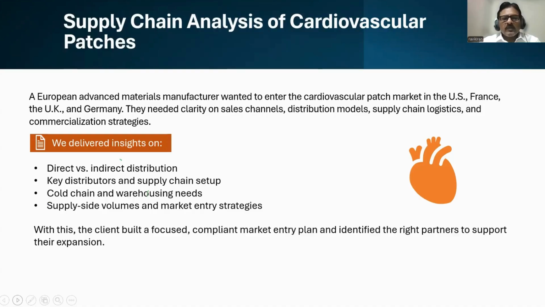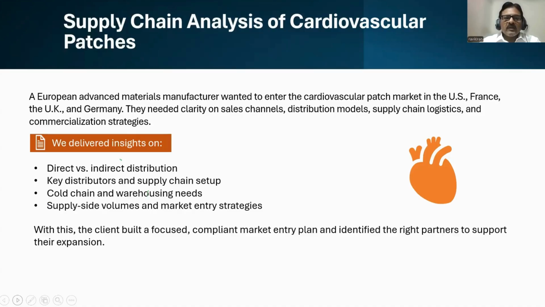So from the suppliers of raw materials to manufacturing of the patches, and because these patches are manufactured by very few life science companies, and these patches have to be supplied to different European and US countries where there is a need. And also these patches must be supplied directly to the hospitals, specifically to the cardiothoracic surgeons when needed.